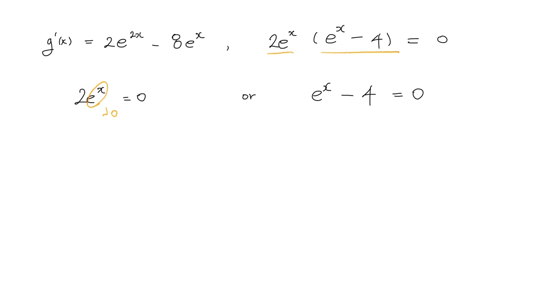This part can never be 0. Therefore, the other factor, e to the x minus 4, must be the one that equals 0. So x is log base e of 4.